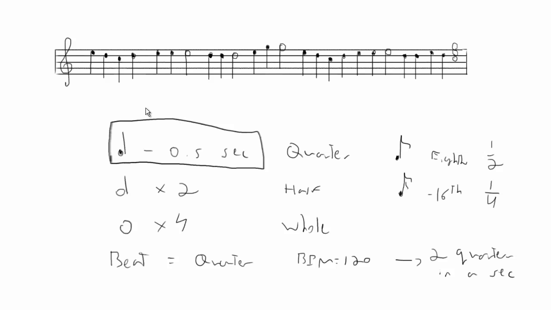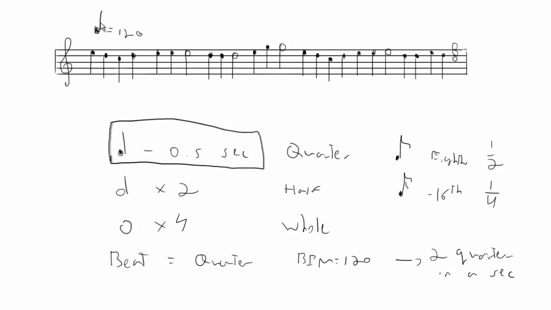So what we've been doing so far is we've been playing Mary Had a Little Lamb at this tempo, a tempo of 120 BPM. And to signify this, people sometimes just note at the top that a quarter equals 120, which means that the BPM of this song is 120.